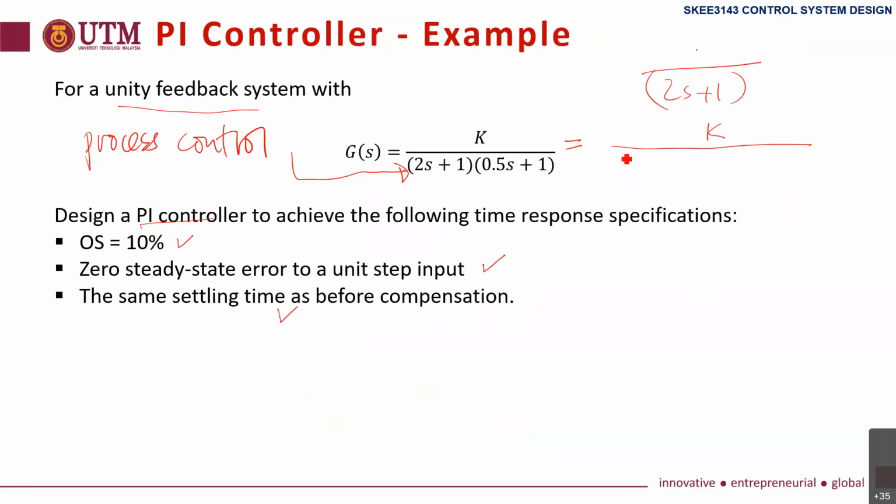That means I can take out 2 from the first one, giving s plus 0.5, and I take out 0.5 from the second, giving s plus 2. If I calculate, I get K here as 1, over s plus 0.5, s plus 2. Okay, so if you are given in this form, then you need to transform into the one that you are familiar with. So we know the poles are at negative 0.5 and negative 2.